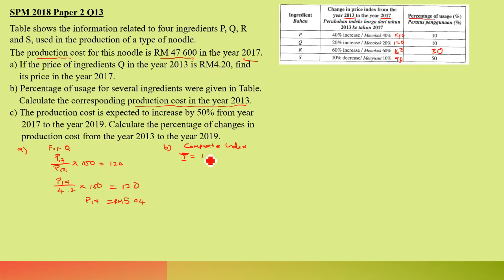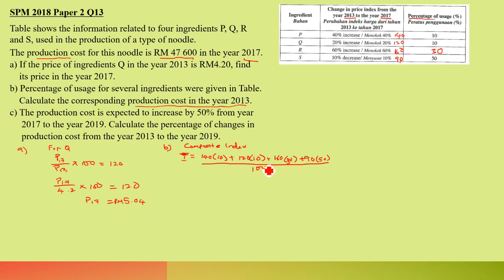So 140 times 10 plus 120 times 10 plus 160 times 30 plus 90 times 50. Divide by the total. We know the total here is 100.